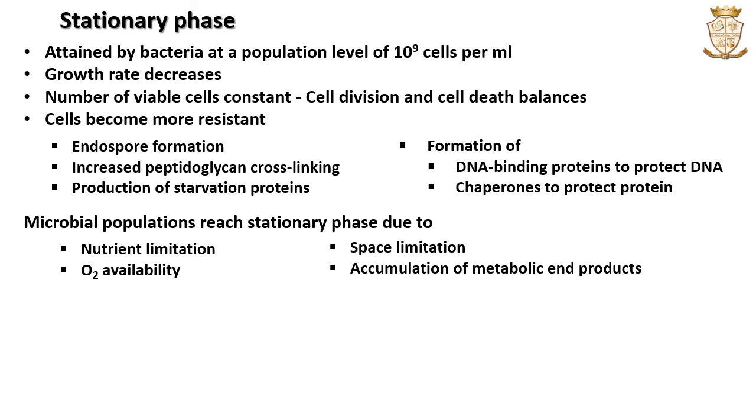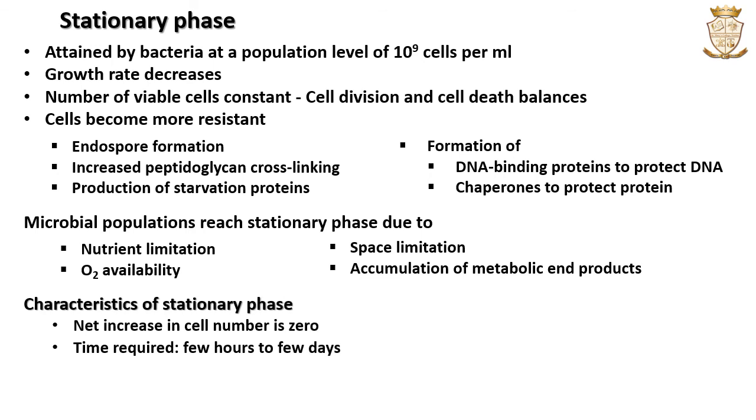For example, certain bacteria will produce organic acids during their growth, during fermentation, and as a result, the culture medium in which they are growing will become more and more acidic. And as a result, the bacterial cells will not be able to grow further, since their growth will be inhibited by the acidic pH.